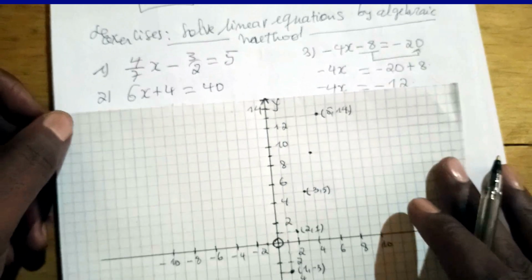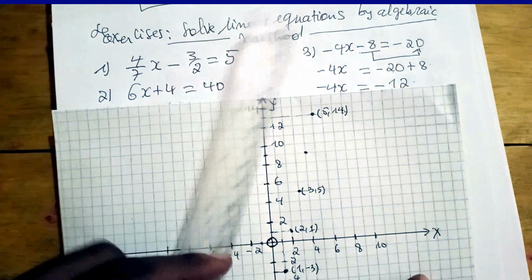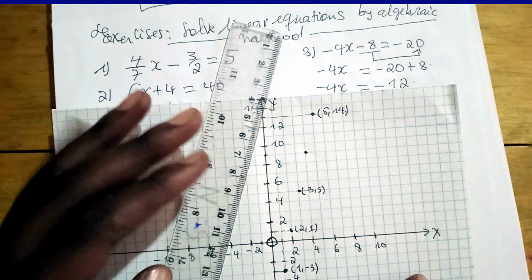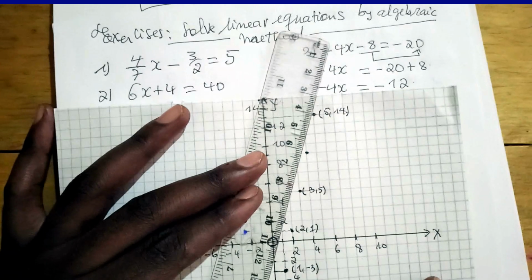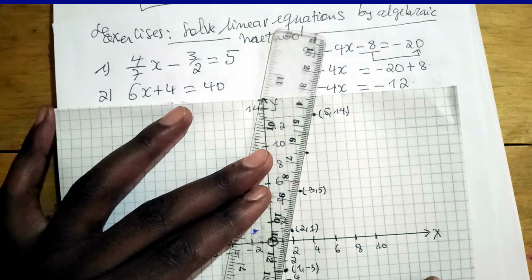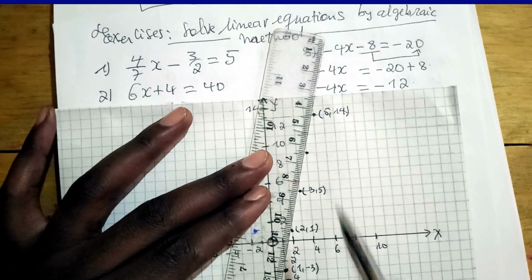this is our graph. Let us join these points and see if it gives a straight line. This is a straight line.